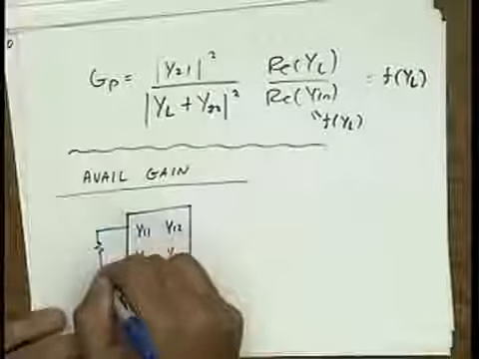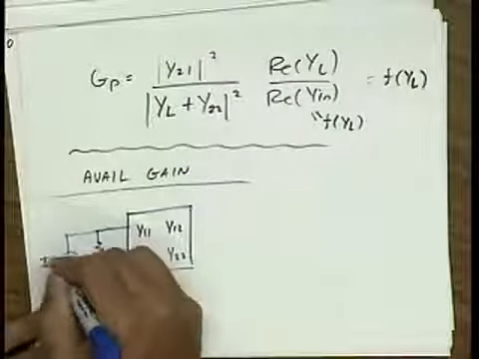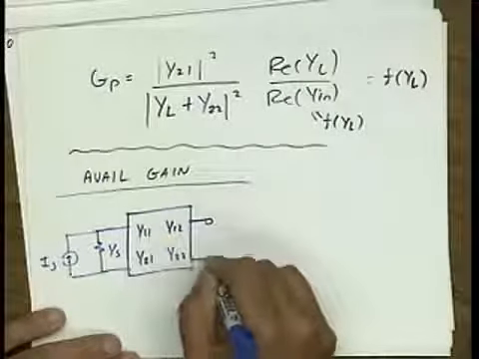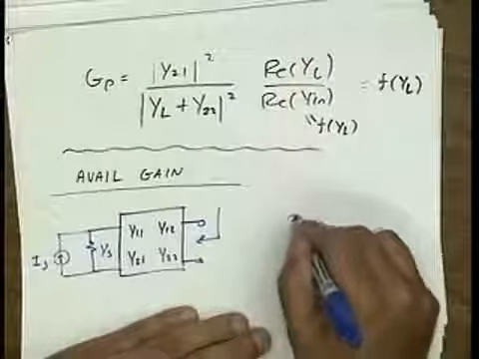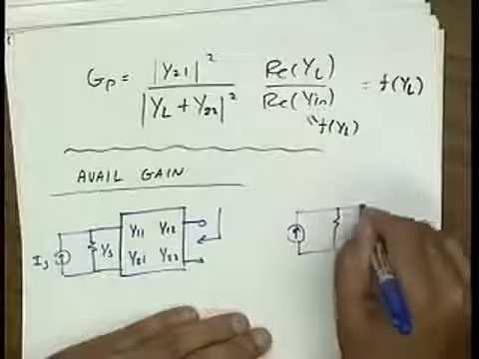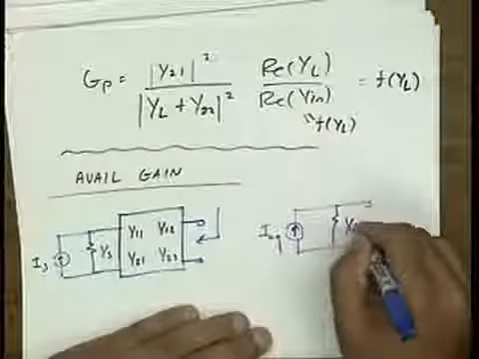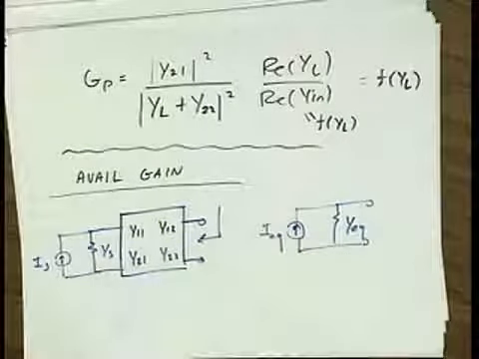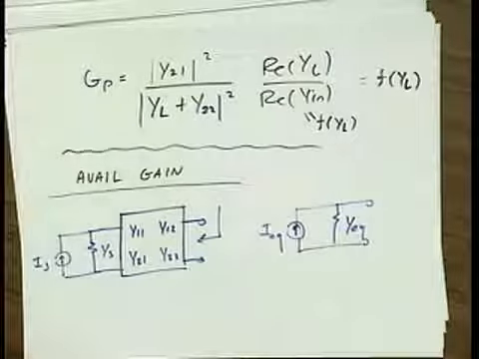I want to transform this general 2-port, looking at it from the outside, into basically some I equivalent and some Y equivalent. Because if I do that, then I know the available power from this source trivially. I can just calculate it by hand.